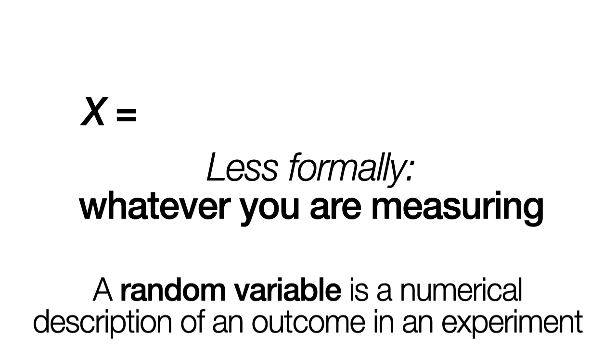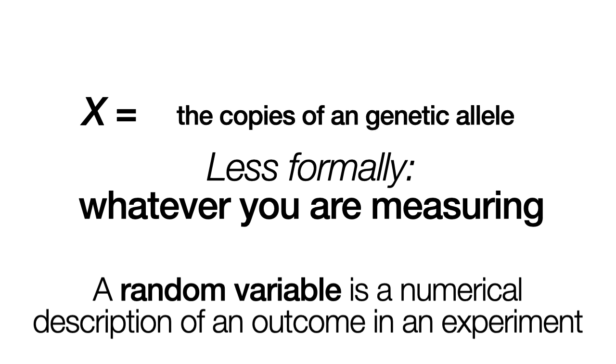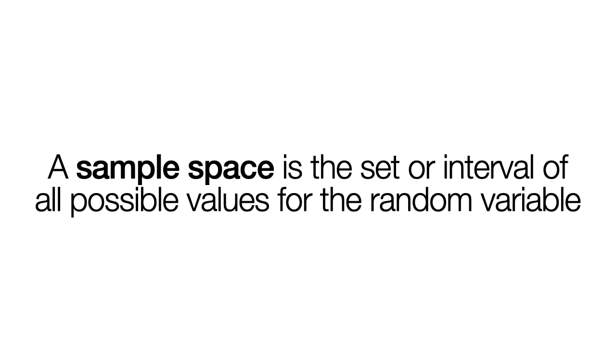A random variable can be discrete or countable, a value from a finite set or infinite set of integers, like the number of heads you flip on a coin toss, or the number of copies of a genetic allele. Or a random variable might be continuous, assuming any value in an interval, such as human height. All of the values that a random variable can assume are described by its sample space.